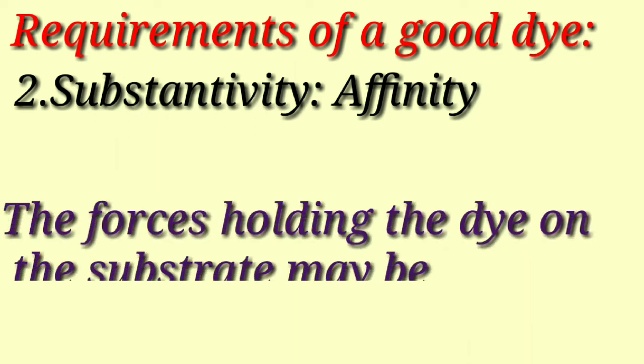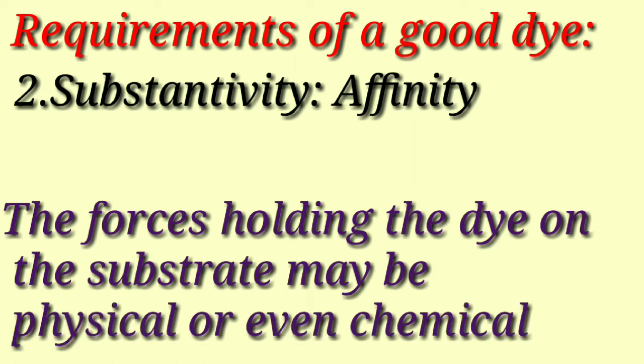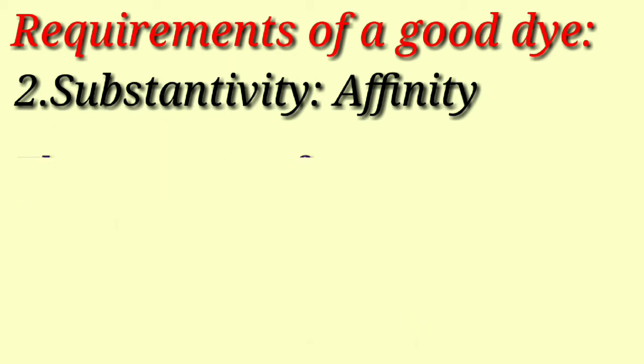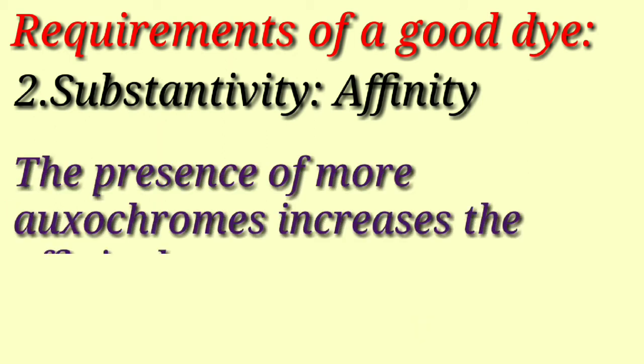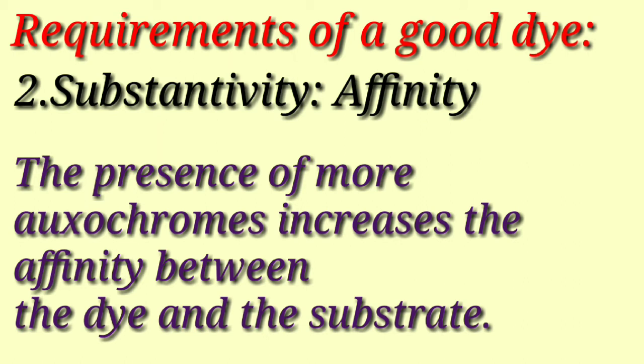However, the force holding the dye on the substrate may be physical or even chemical, and the presence of more oxochromes increases the affinity between the dye and the substrate.